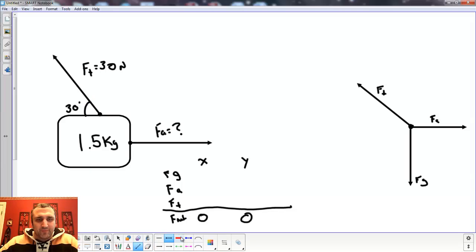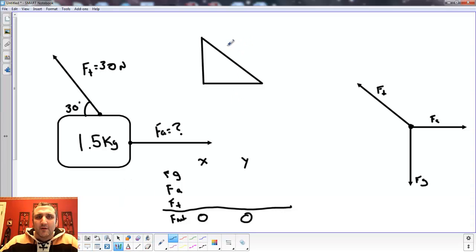So let's make a triangle. 30 newtons, 30 degrees. There you go. Let's get some ink. 30 newtons, 30 degrees. This is the opposite side. This is the adjacent side.